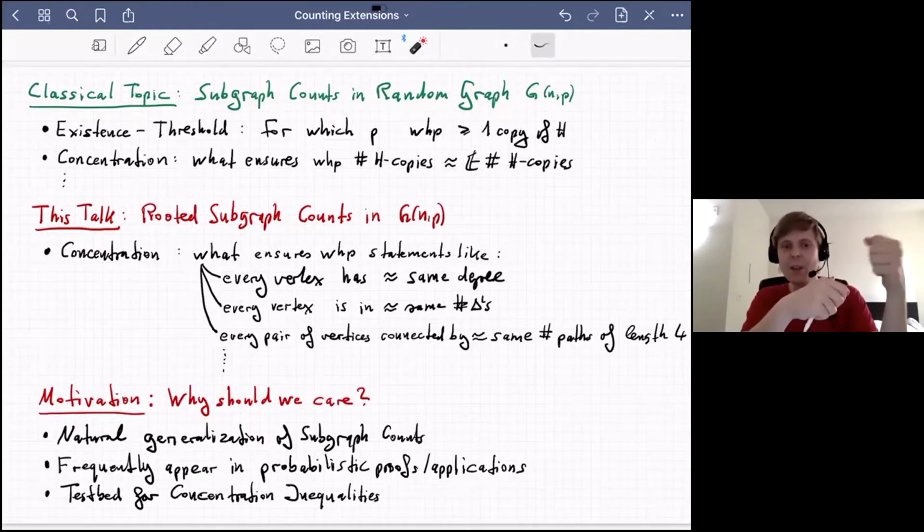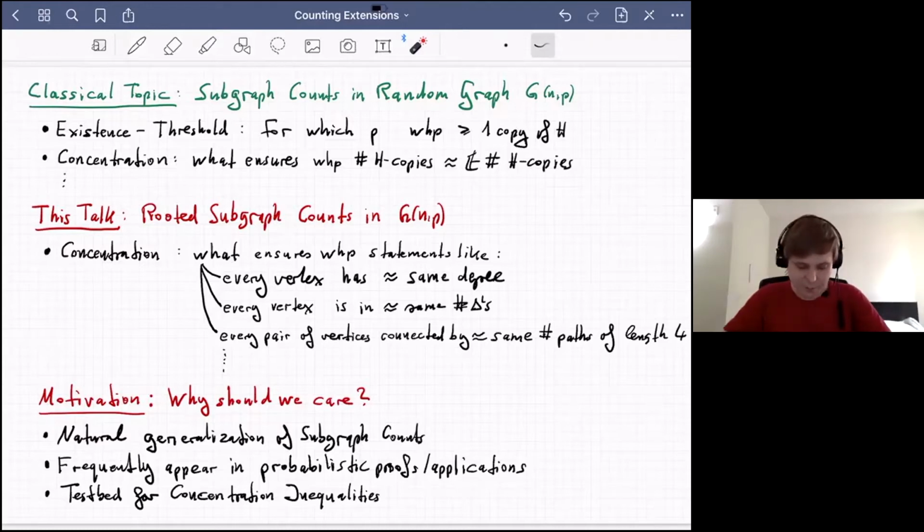This can be very useful inside proofs, and this is exactly also a variant of this rooted subgraph count question. This really goes through the analysis of many probabilistic models. Even if you analyze various random graph processes, it turns out that in many cases these rooted subgraph counts are something that you're interested in. So it's really widely used and appears in a range of applications.